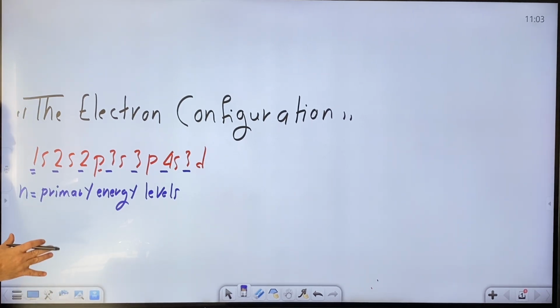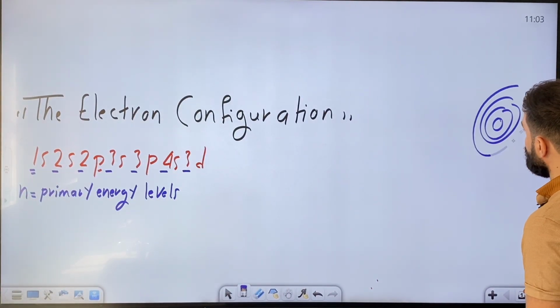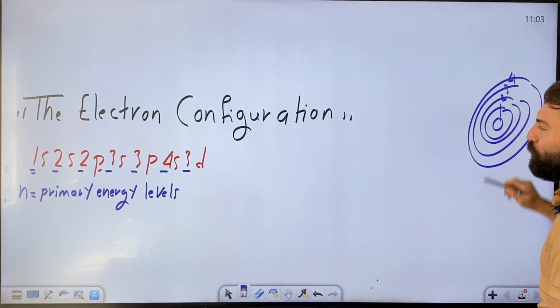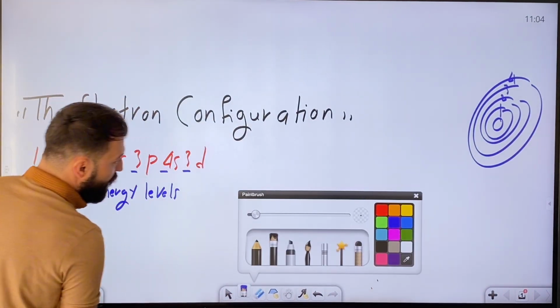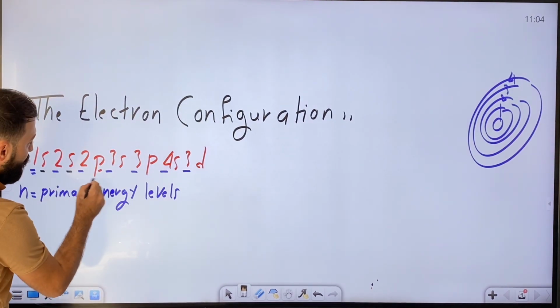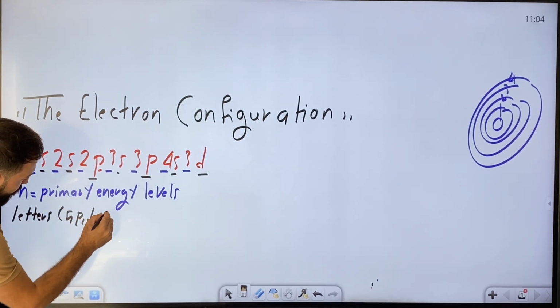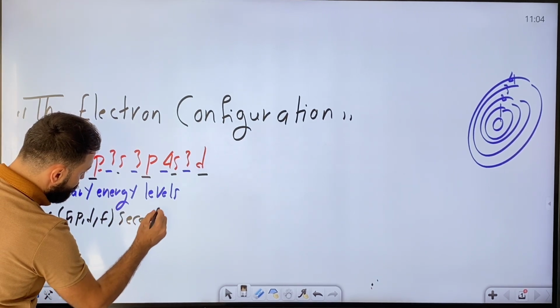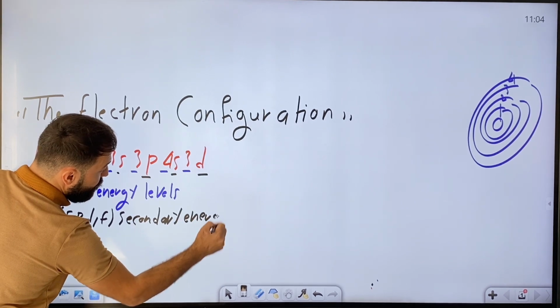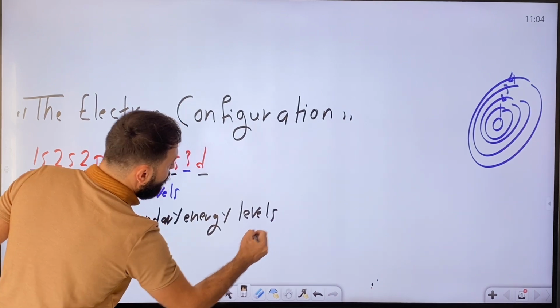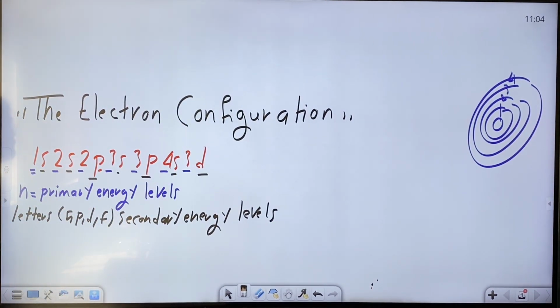These numbers 1, 2, 3, 4 represent n. While the letters s, p, d, and f represent the secondary energy levels. So the numbers are the primary energy levels, and the letters s, p, d, f are the secondary energy levels.